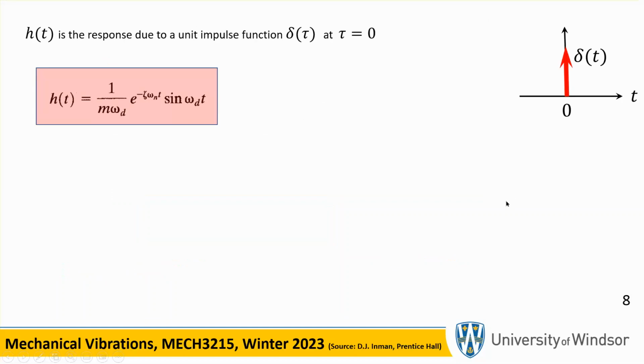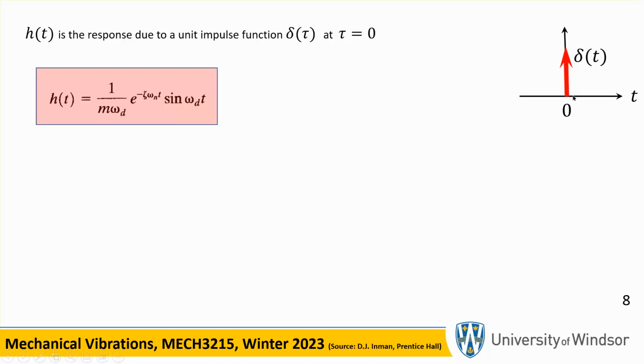Okay, so let me write this thing again. H of t is the response function due to a unit impulse, in other words, delta tau. Now, if tau is 0, obviously this is centered at t equal to 0, right? But it may not be here, maybe over there, it doesn't matter.